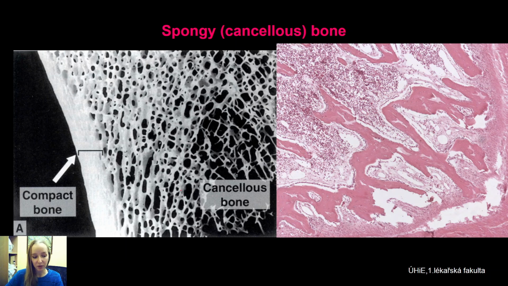So that was a compact bone, and now for the spongy bone. Spongy bone is made of these trabecules, but you can also find osteons and Haversian system in these trabecules. So it's not irregularly arranged like in woven bone, but you have these trabecules also like in woven bone, but you can find osteons there and Haversian system there.